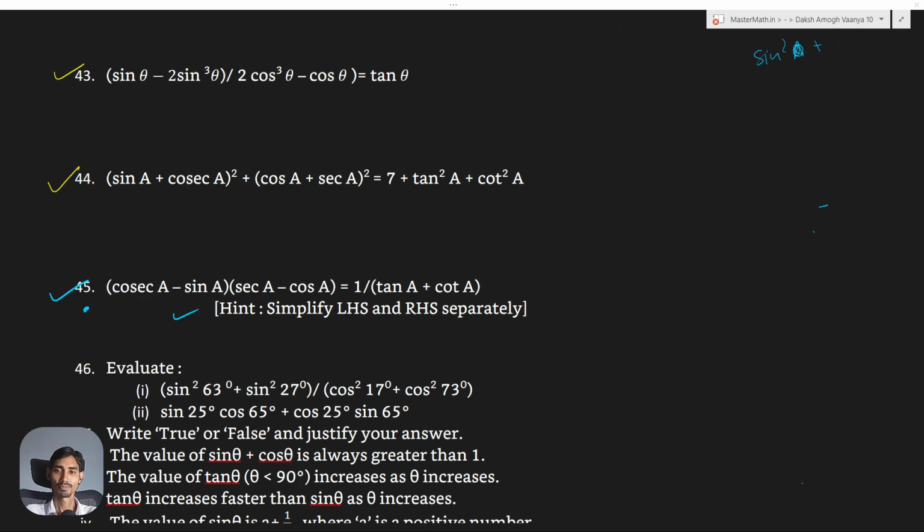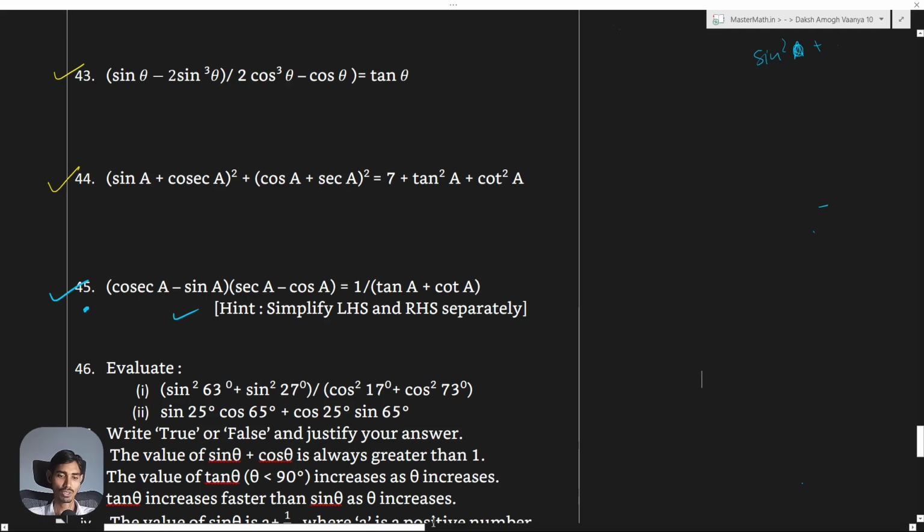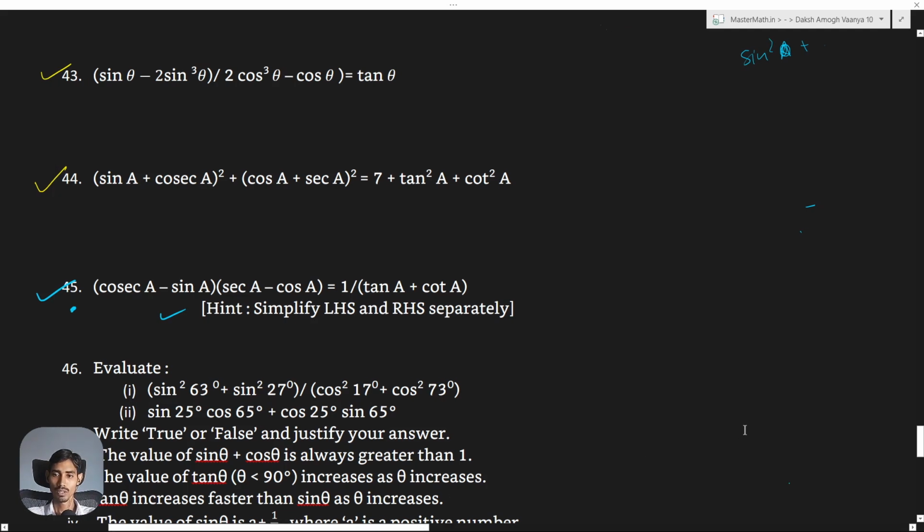Hi, Naveen. We started with the 45th question, and we are on the verge of completing this. Is anyone else done with this also? Zubair, how much is done?